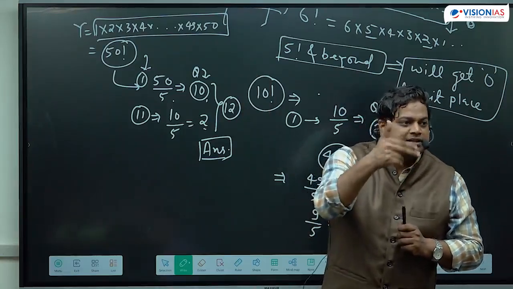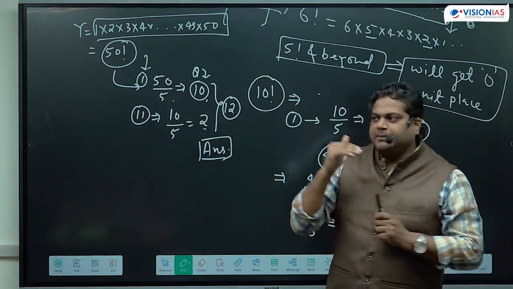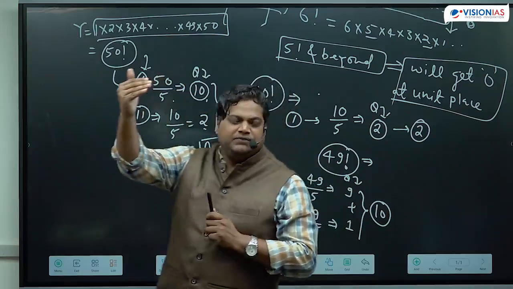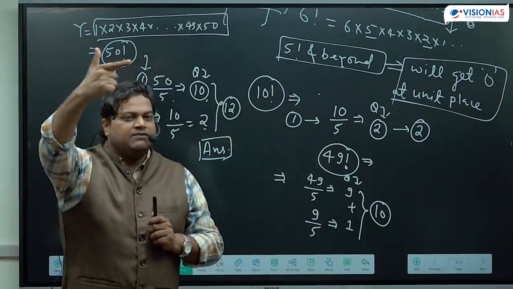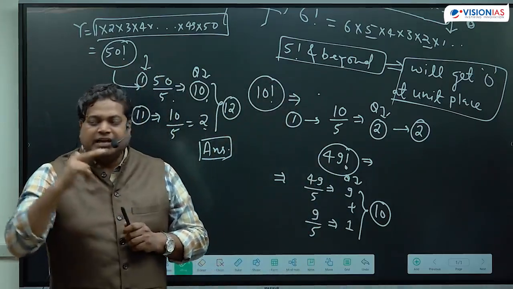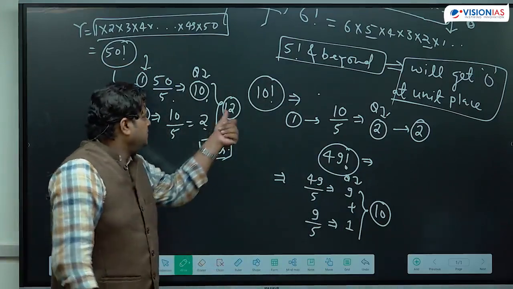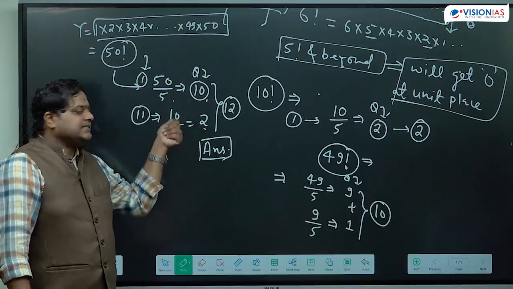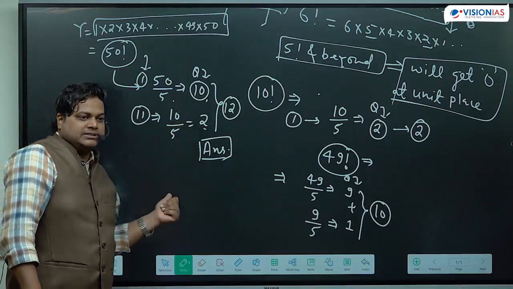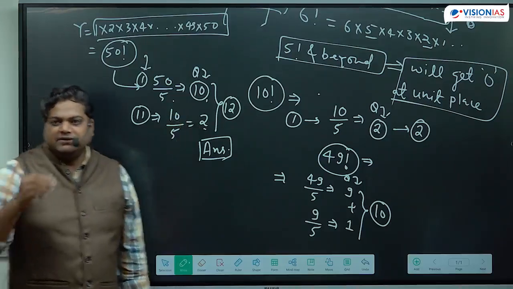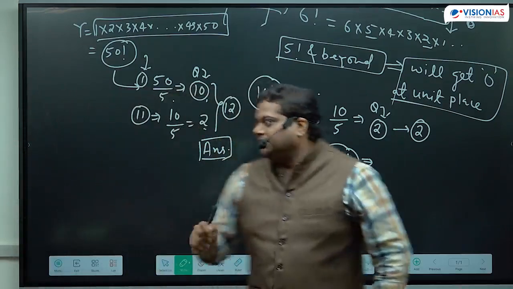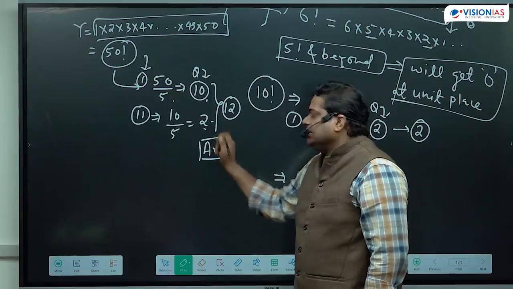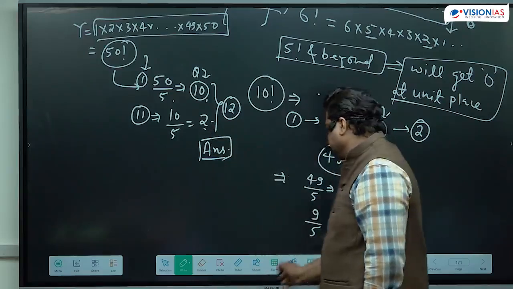How we can get that idea? To agar hum table mein 5 ya 5 ke beyond we go, extra 1 5 we are going to get. To jo extra 5's we are getting, usko we can get this way second step mein aur third step mein aur fourth step mein. That is why we are dividing 5 again and again till we get the quotient less than 5.